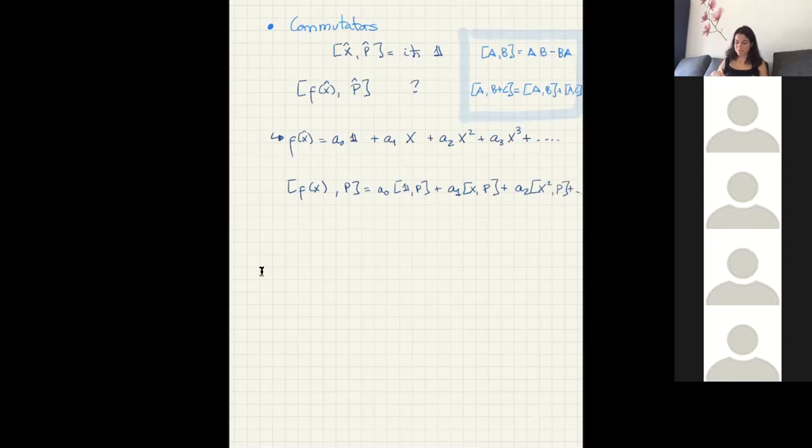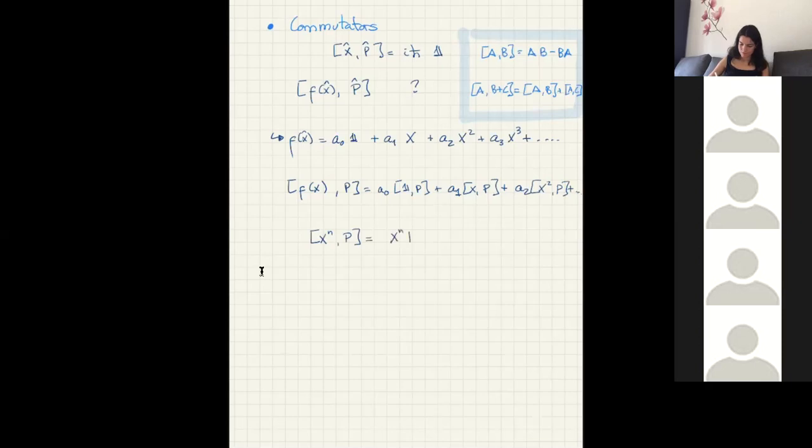So we see some pattern here. The thing we need to find out is what is the commutator of x to the n and p for some natural number n. We'll just do it explicitly once, and then we know this forever. Okay, so there we go.